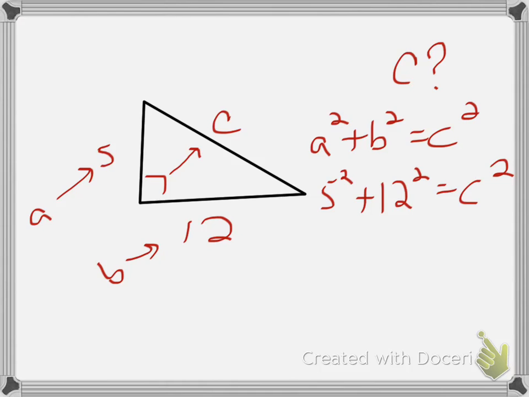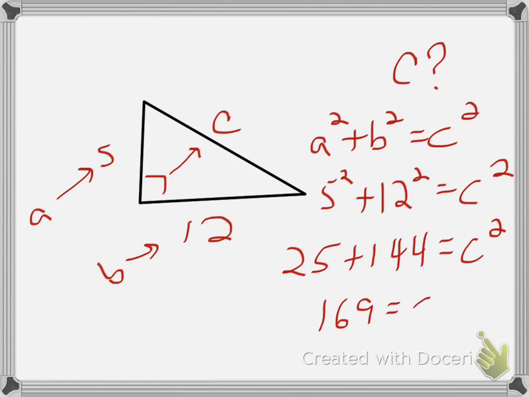See, it's the same thing we did before, it's just without all the pictures. 5 squared is 25. 12 squared is 144. And that equals c squared. So 25 plus 144 is 169. That equals c squared. Now here's a deal that kind of people get confused about.